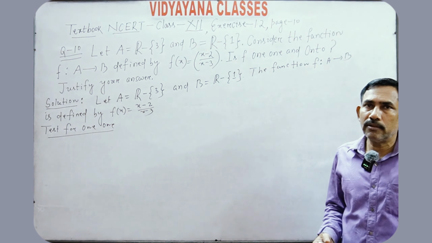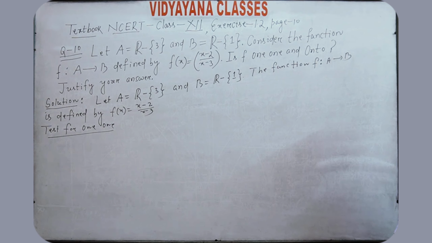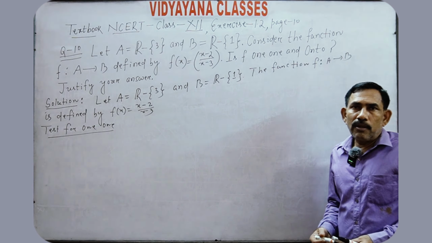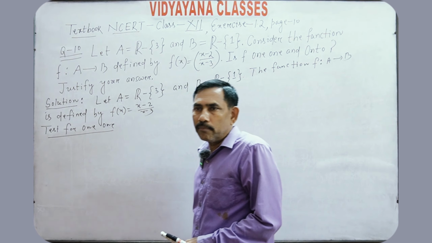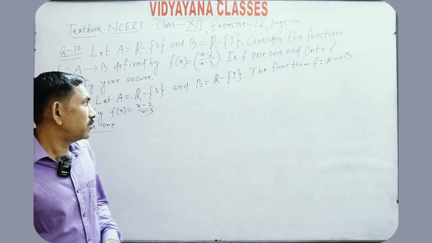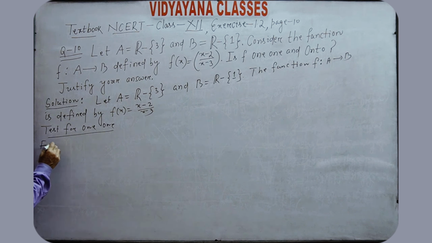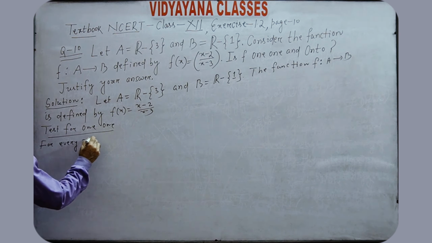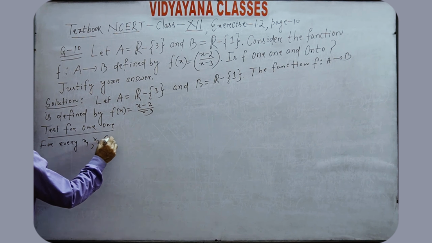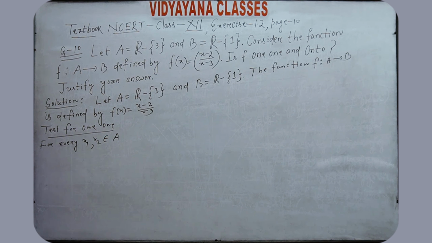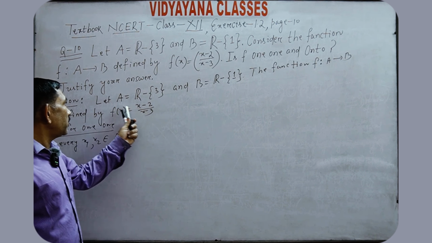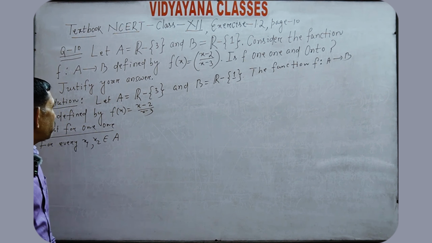For every x1, x2 belonging to the domain of f, f(x1) equal to f(x2) implies x1 is equal to x2. Here f is the function from A to B. A is the domain of f, and B is the codomain of f.